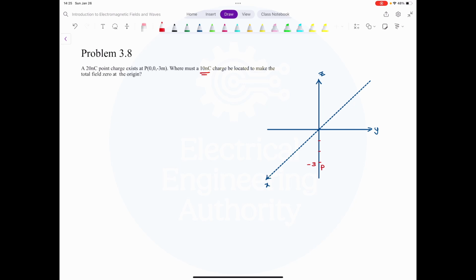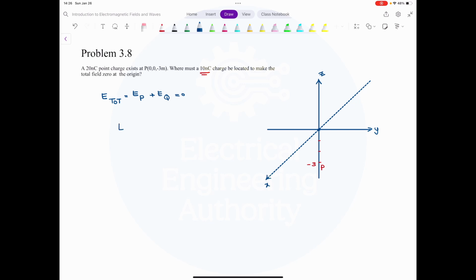Okay, so what we can do here is that, do you agree that if I have, at the origin, E total is equal to E of P plus E of some point Q, and I want this to be equal to 0.